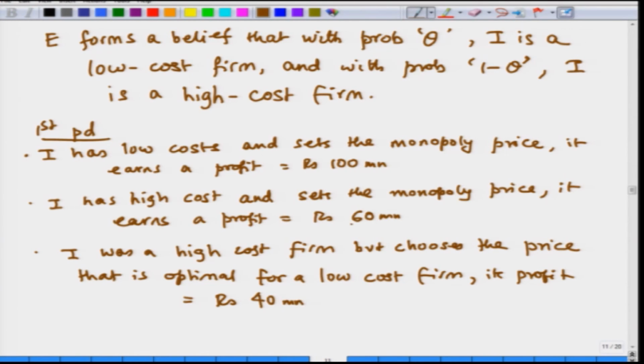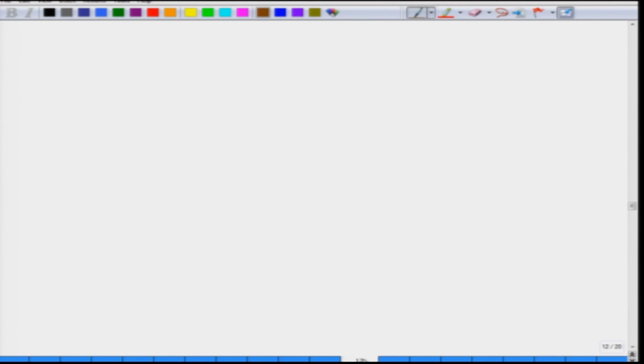So, ideally it would like to set a high price and get 60 million as its profit, but now its profit, because it is going to choose a price which is set by the low cost firm, there is some amount of inefficiency and it earns a profit which is equal to 40. This is when there is no entry, right. So, because there is no entrant in the first period. At t equal to 2, so this is at t equal to 1.